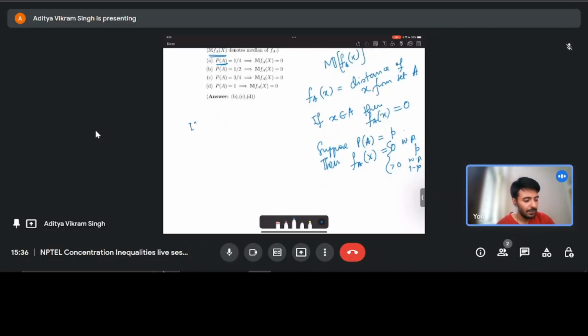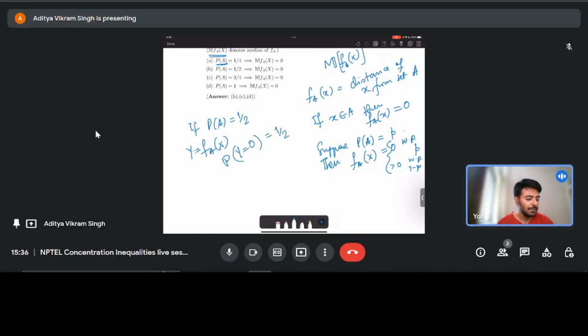So now if P of A equals half, then what we have is that FA of X. Okay, let's define Y as FA of X. So probability of Y equal to 0, right, would be half.